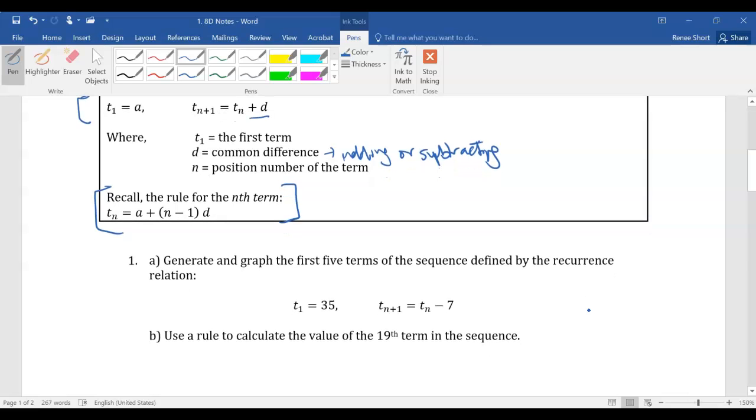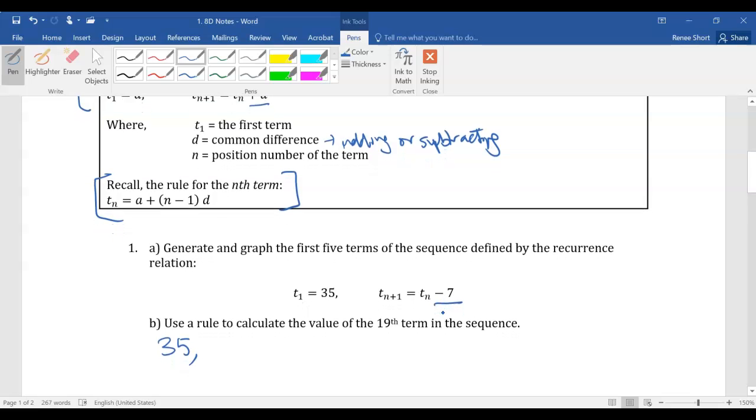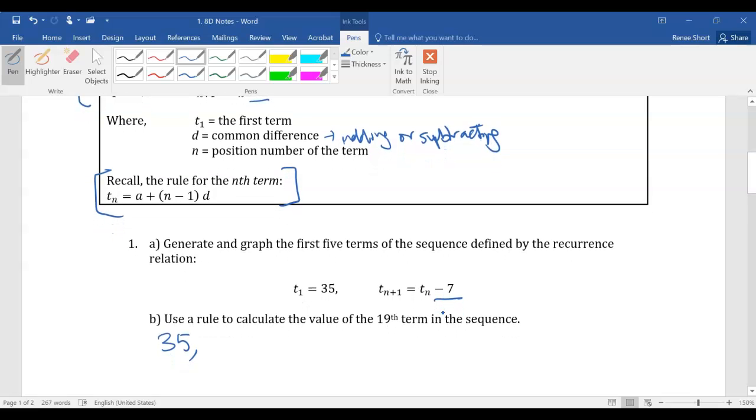That means we've got a first term of 35, and that common difference is minus 7, so we need to keep minusing 7 each time. So in this case, T2 comes from taking 35 minus 7, which we know is 28, 21. Hopefully you can work with your 7 times tables here to get those first 5 terms.